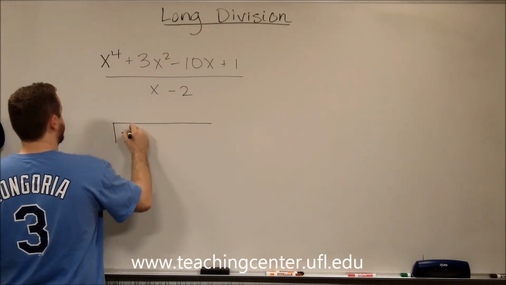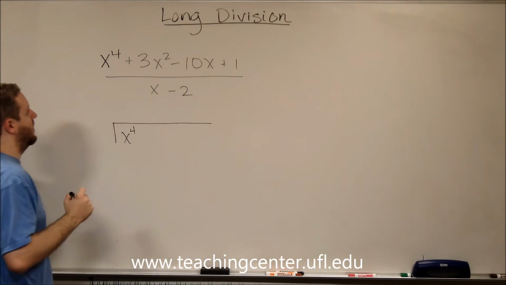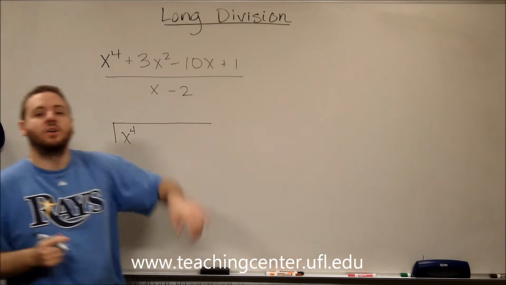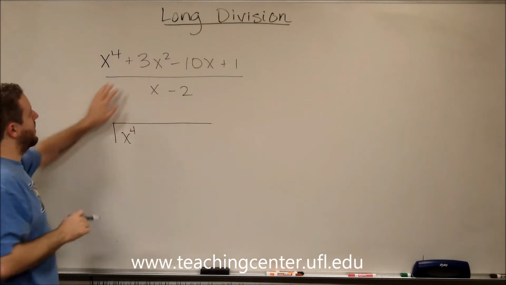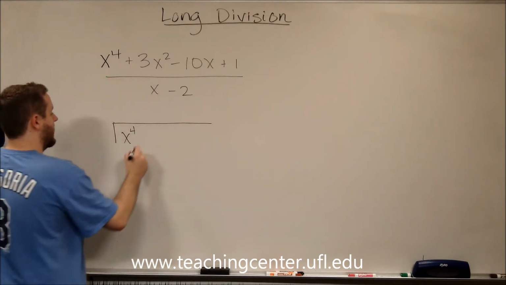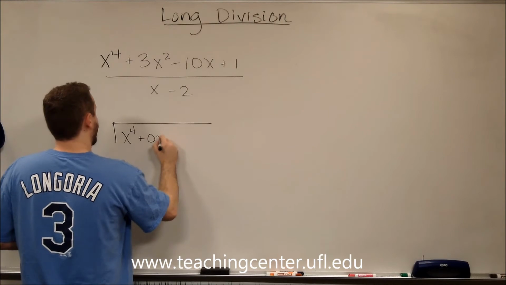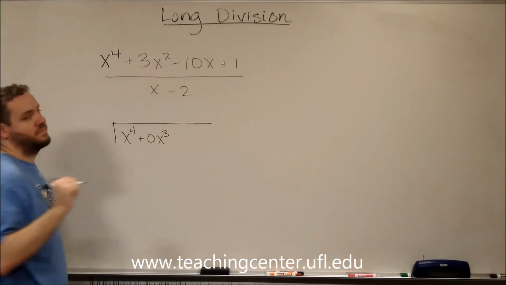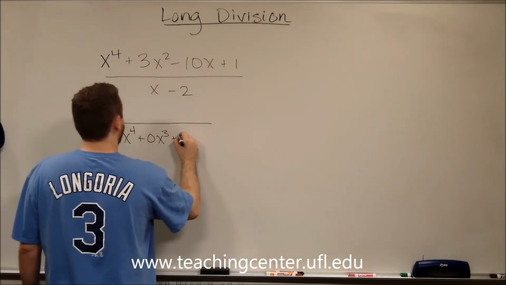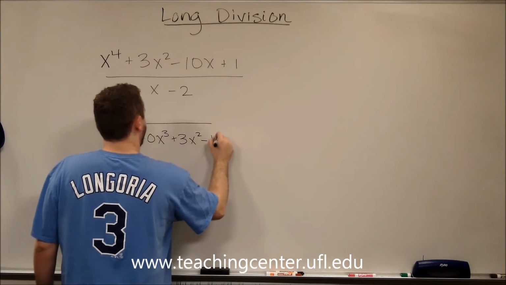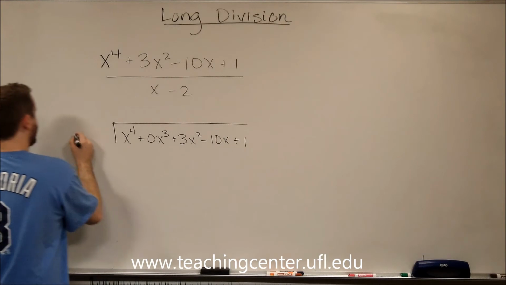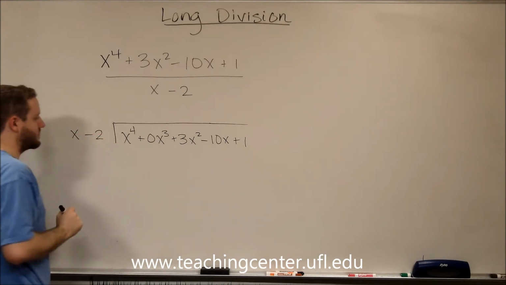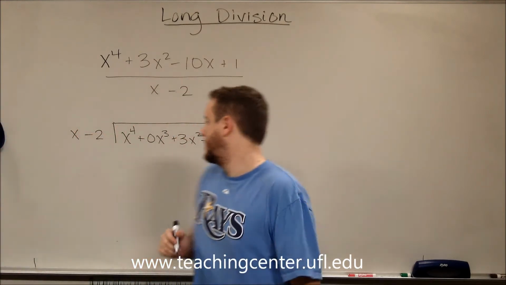But what's important to note is that if you're missing any term of any degree, you need to put it there as a placeholder. So if you notice in the numerator here, we don't have an x to the third term. So you need to write plus 0x to the third when you're writing this out. We can write the rest of it then. And we're dividing by x minus 2.